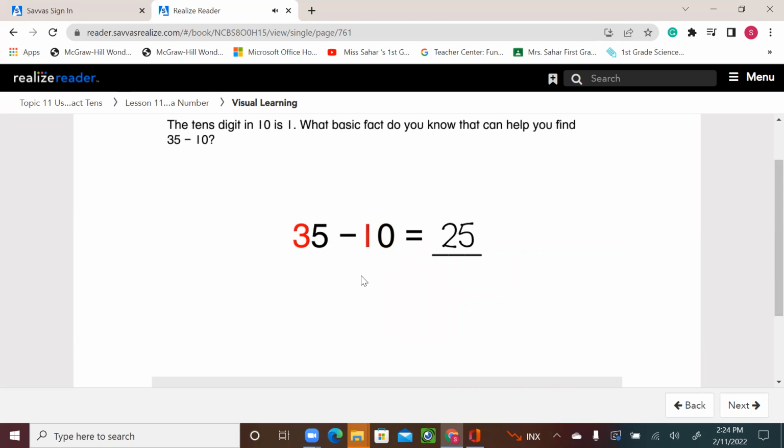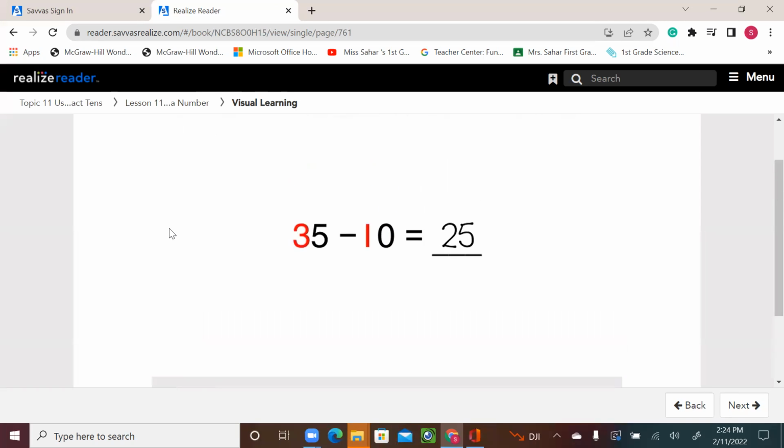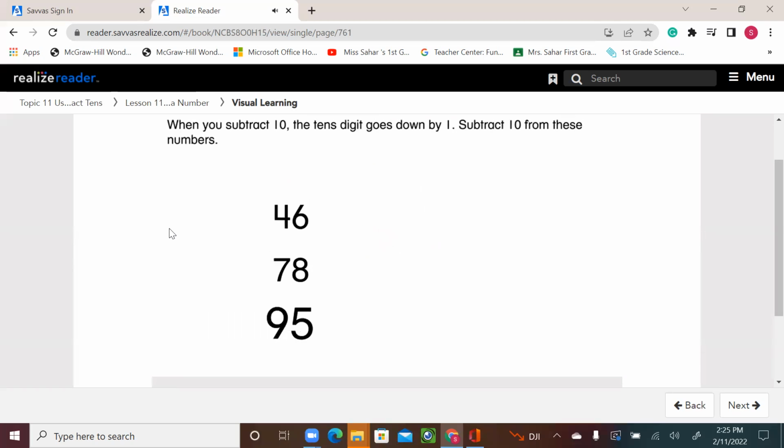What basic fact do you know that can help you find 35 minus 10? 3 take away 1. You can use the basic fact 3 minus 1 equals 2. So 35 minus 10 equals 25. When you subtract 10, the tens digit goes down by 1.